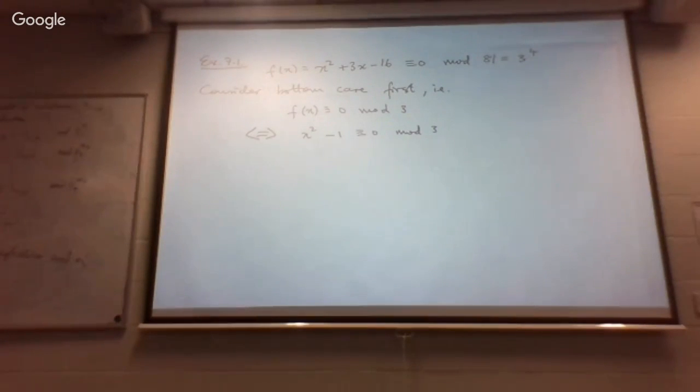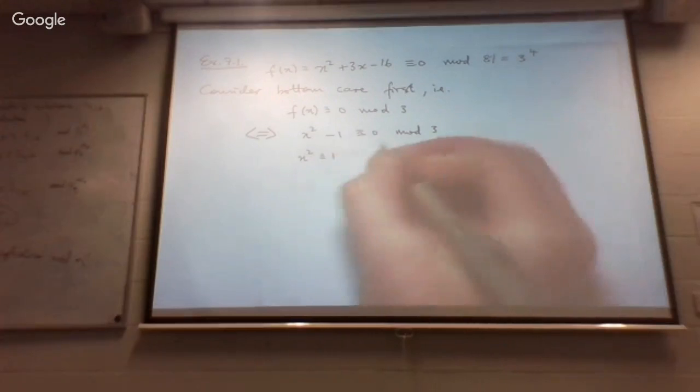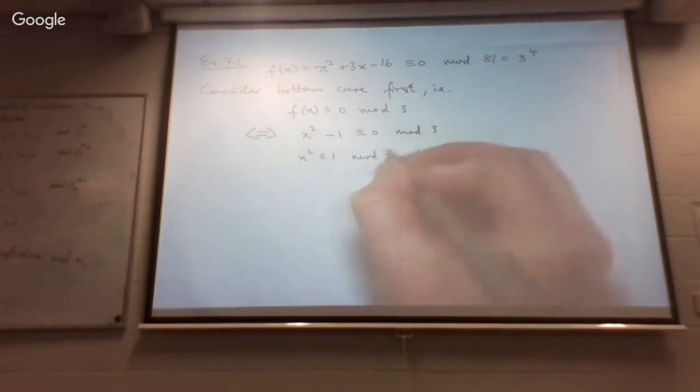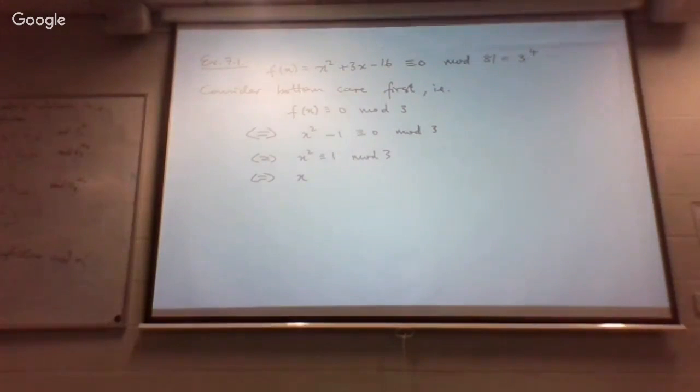Can you identify any solutions to that? Well, that's x squared congruent to 1 modulo 3. You just go with your instincts. What are the solutions here? 1 and 2. Yeah, 1 and minus 1. Minus 1 is the same as 2 modulo 3.